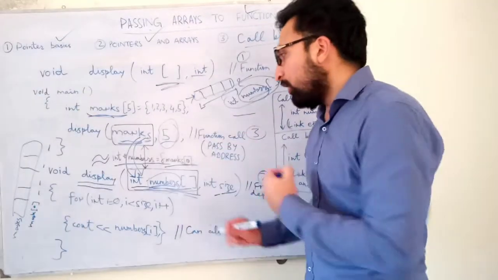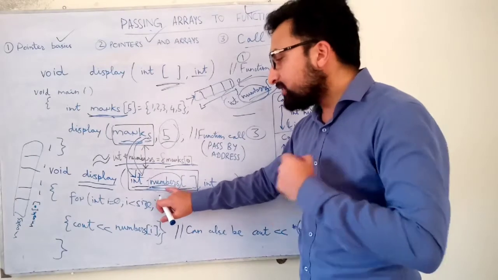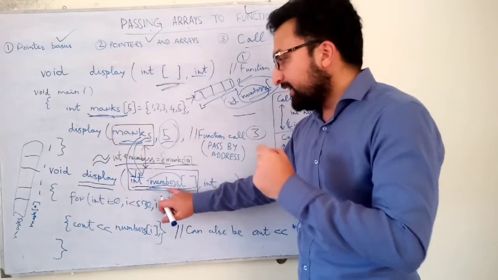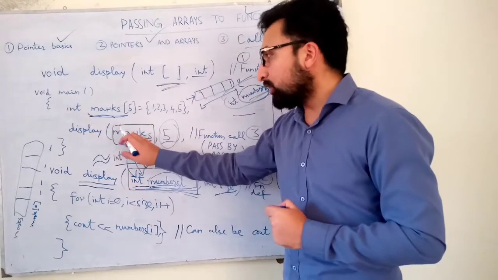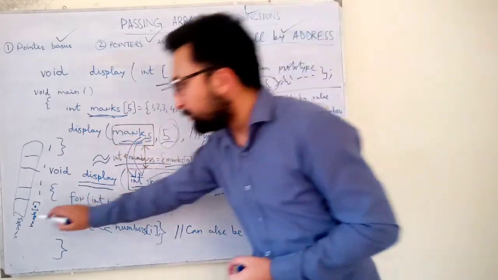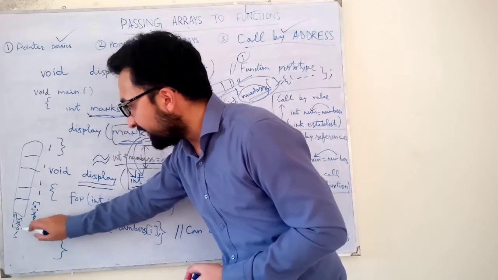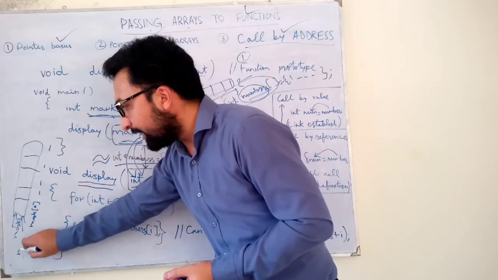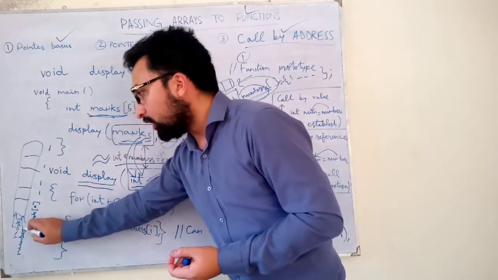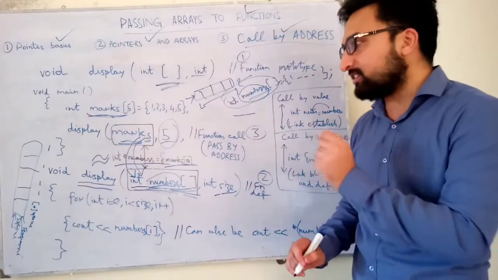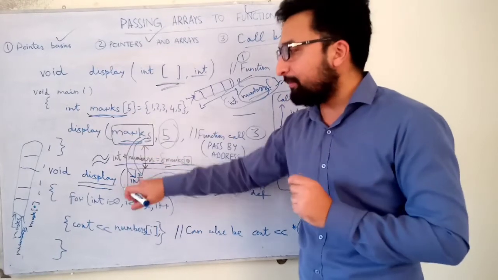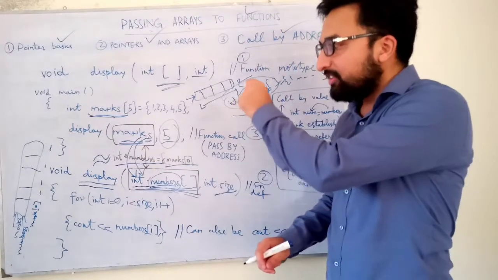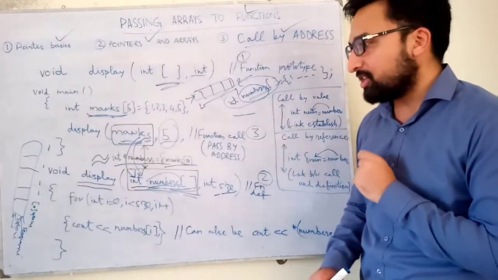However, now we also know that there is a pointer variable numbers here that is pointing to the same address as marks was pointing. Marks was pointing here, and so is numbers. Numbers is also pointing to the same address where marks was pointing, because the address has been transferred to it during the function call.